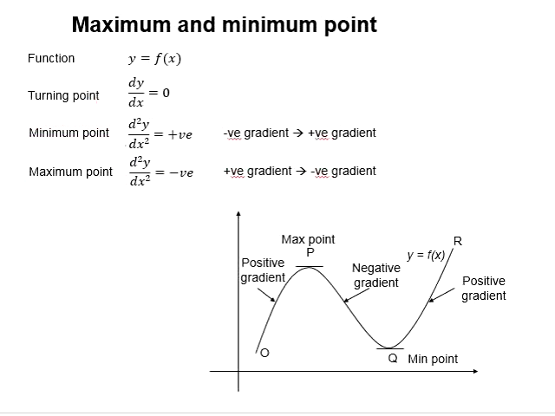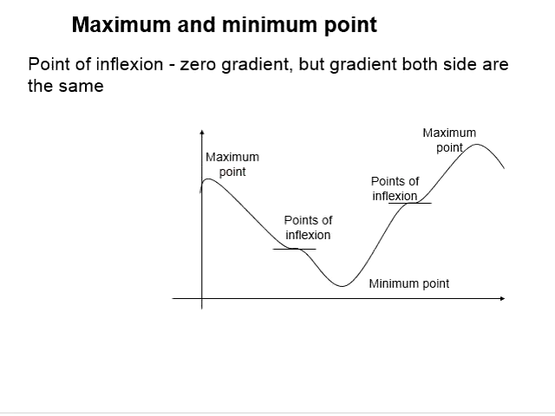It is also noted that under some circumstances, zero gradient may also happen at the point of inflection. These are some examples of points of inflection, where the gradient at both sides of the point is going to be the same.